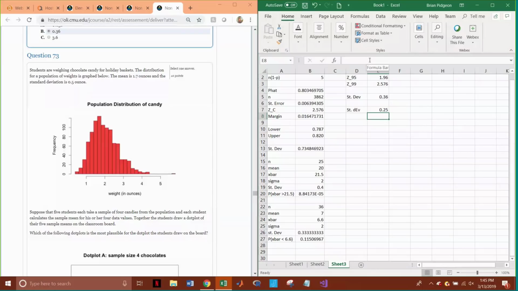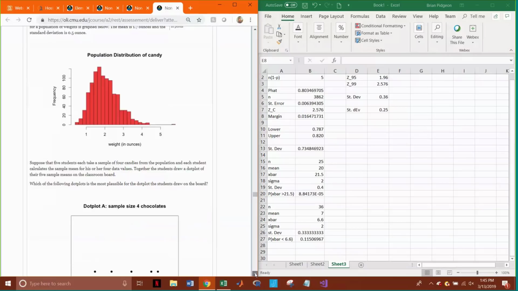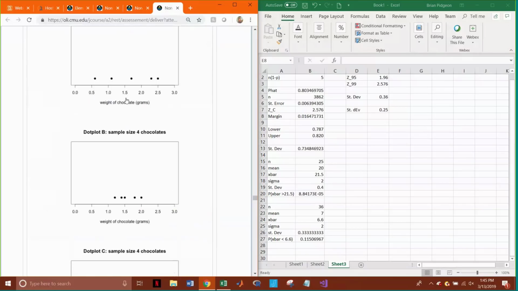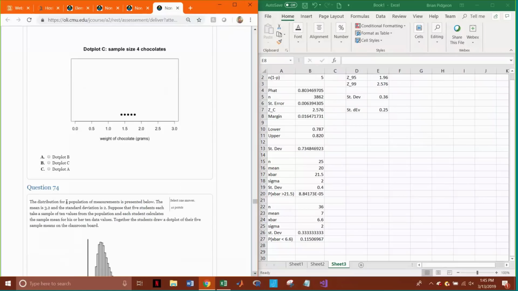So our standard deviation of the sampling distribution is about 0.25. So we're just going to look for which dot plot has a standard deviation of about 0.25. Well, 1.5 is the middle here, but it goes all the way up to 2.5 and 0.5, so it looks to be about 1. But if you look at B, we're centered at like 1.5, and we're generally around 0.25 away from the mean. So I'm going to say that it's dot plot B.